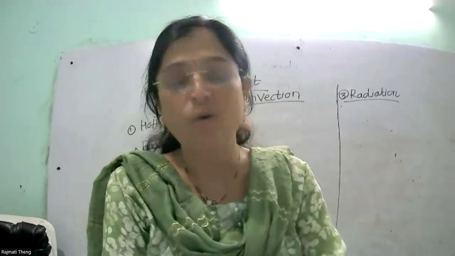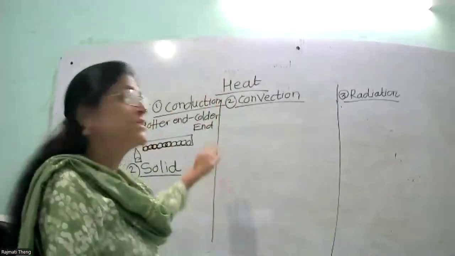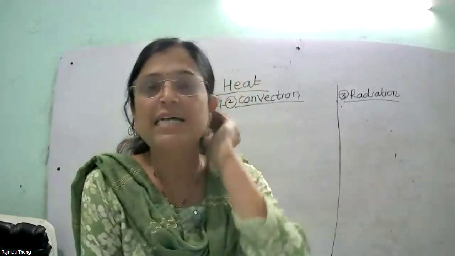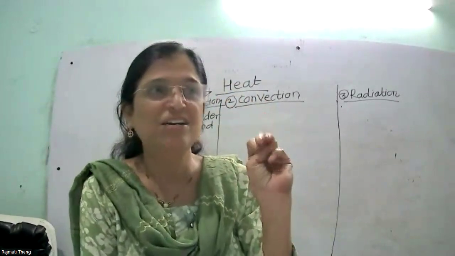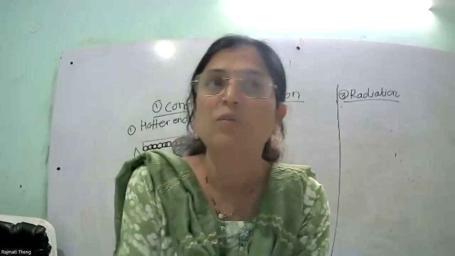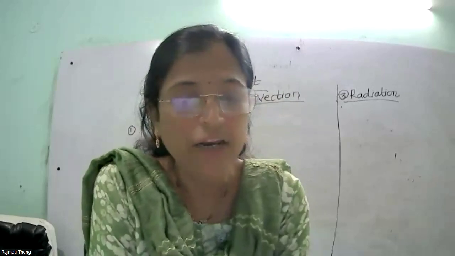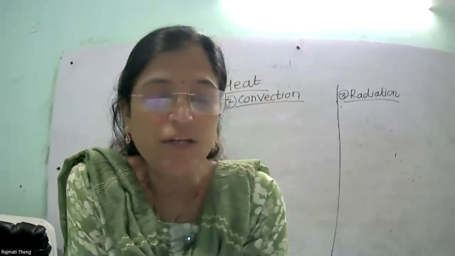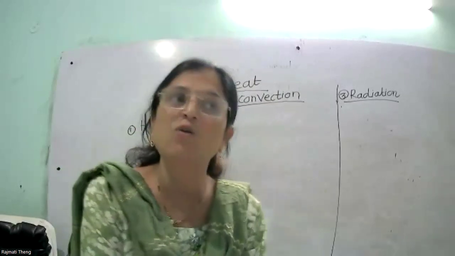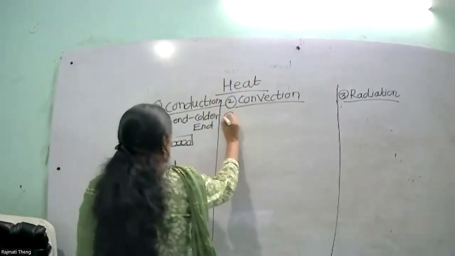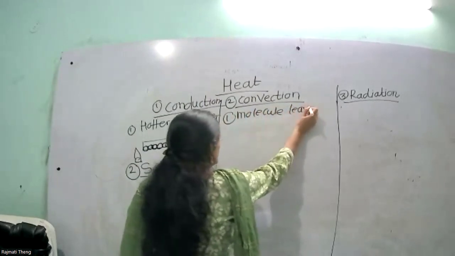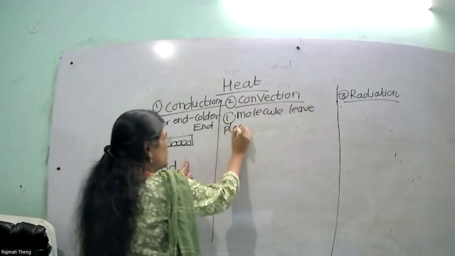नाउ सेकेंड वे ऑफ हीट ट्रांसफर, दैट इज द कन्वेक्शन. हीट इज ट्रांसफर बाय थ्री वे, कंडक्शन, कन्वेक्शन, रेडिएशन. सो नेक्स्ट वन, दैट इज कन्वेक्शन, the process of heat transfer in which molecule of the liquid or gas move to carry the heat energy from hotter end to colder end. यहाँ पे molecule, actually molecule क्या होते हैं, molecule leave their place, but conduction में do not leave their place.